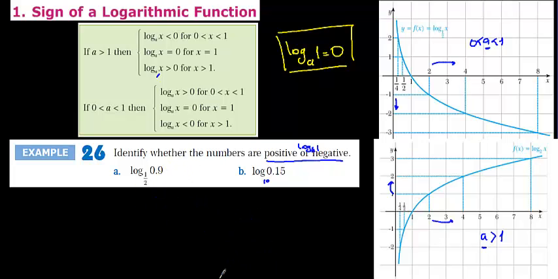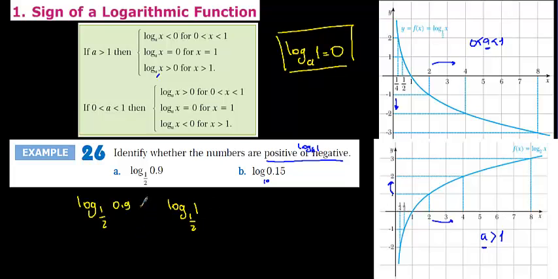We are going to compare logarithm base 1 over 2 of 0.9, and logarithm base a of 1, where a is equal to 1 over 2. Which one is bigger? This is 0, so if it is greater than it, it is positive. If it is smaller than it, it is negative.